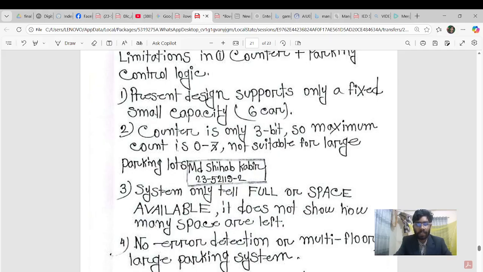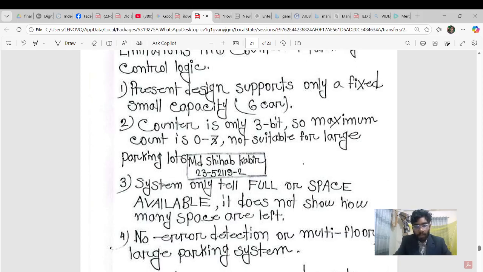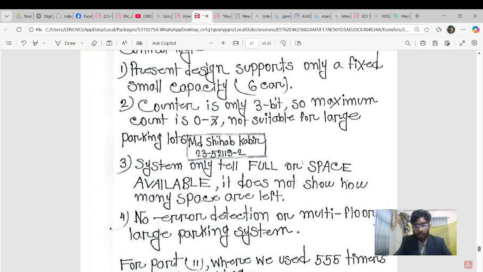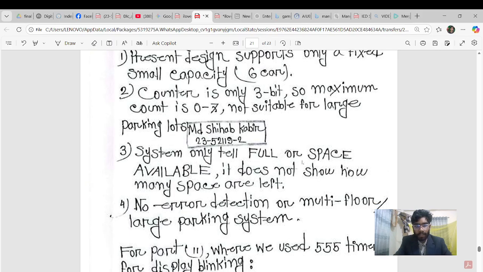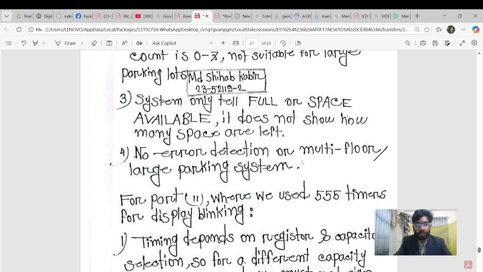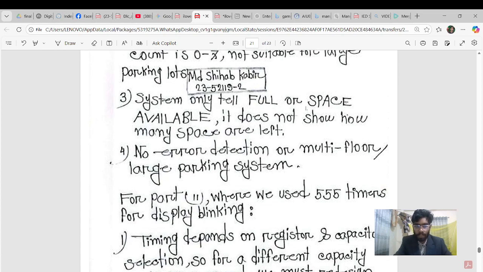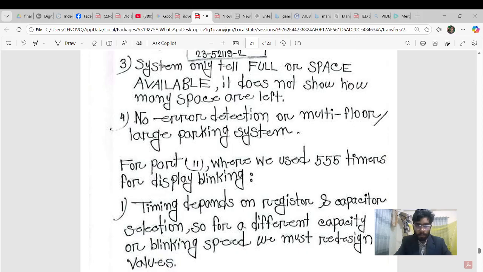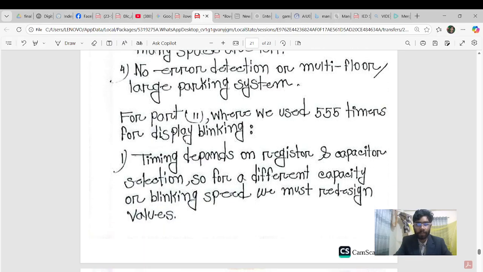It is a limitation. 2. The counter is only 3 bits, so the maximum count is 0 to 7, not suitable for large parking lots. 3. The system only tells full or space available; it does not show how many spaces are left. 4. No error detection or multi-floor large parking system.